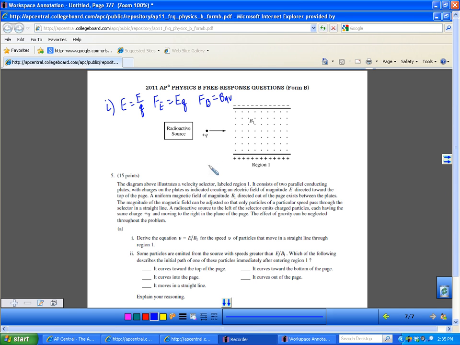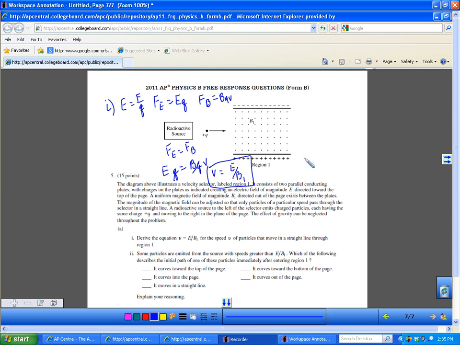All right, so let's see if we're good to go so far. If I set the force of the electric field equal to the magnetic force, I have EQ equals BQv. Those are going to cancel. So the velocity is going to be E divided by B1. So there's the part 1 that they wanted.